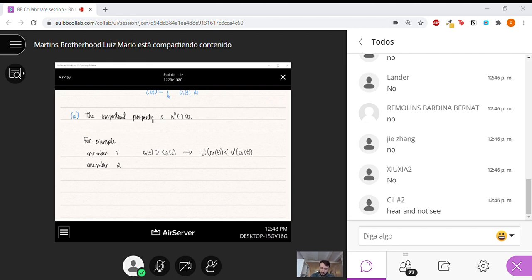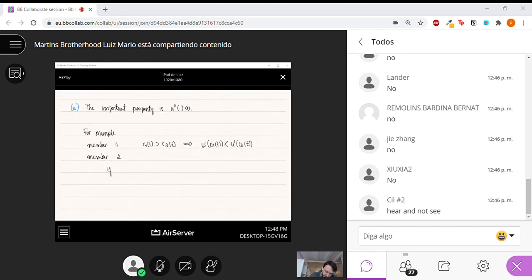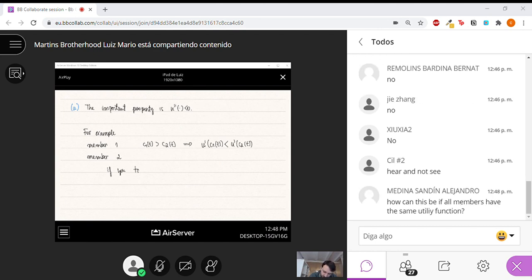Alejandro, that's a good question. So Alejandro is asking, how can this happen if all members have the same utility function? They have the same utility function, but they don't necessarily have the same consumption. So in this example, we are giving consumption for the first member higher than for the second member.